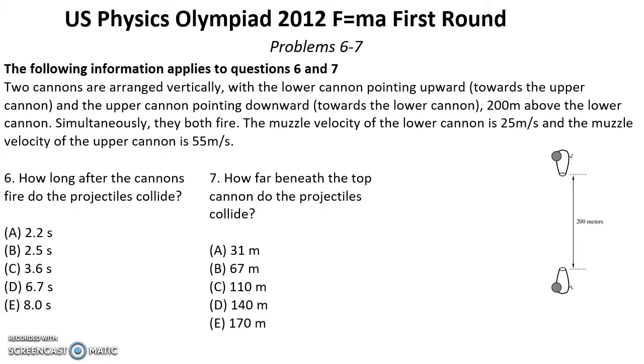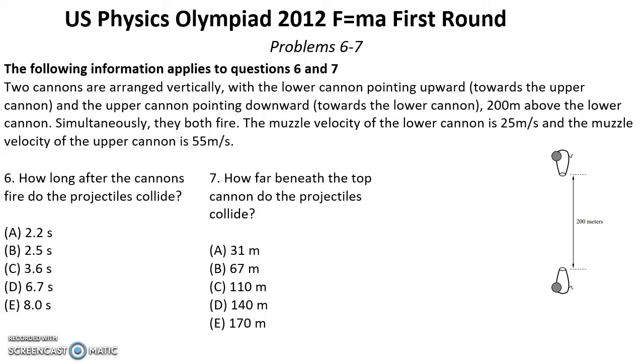Solution. First of all, we can use a proper frame of reference. You could take a frame of reference which is moving with acceleration g downward. In this frame, the velocities of both cannonballs are constant, and we can find the relative velocity.